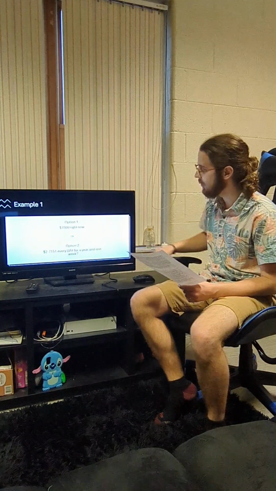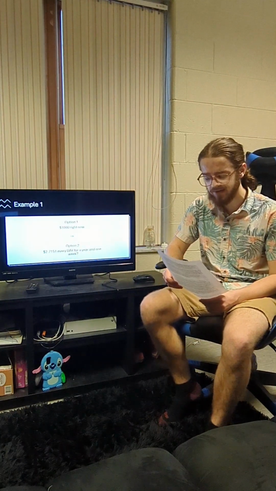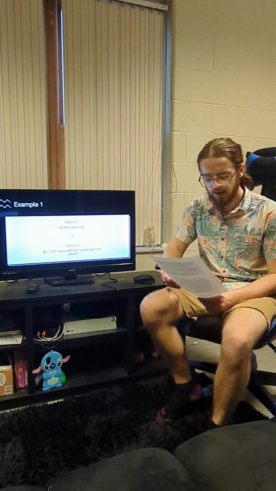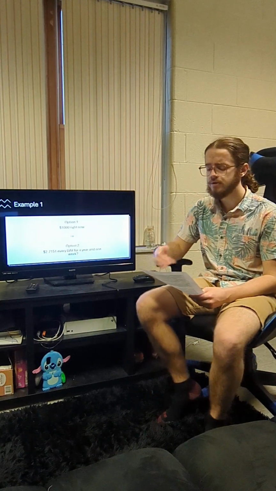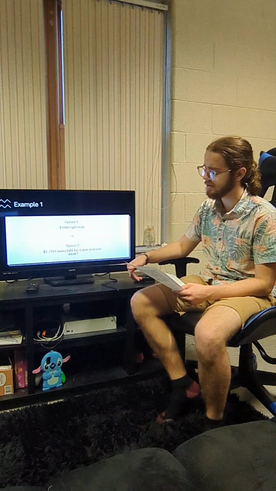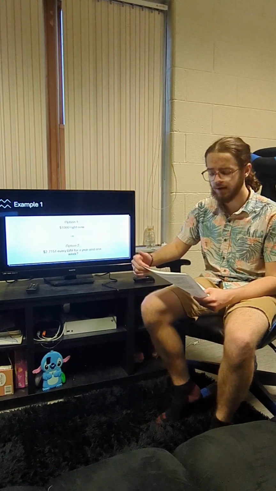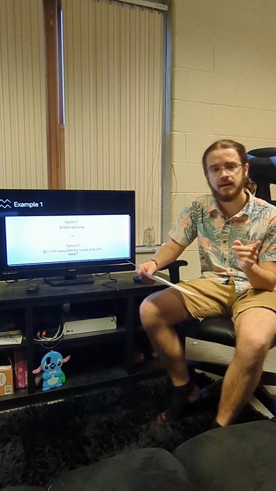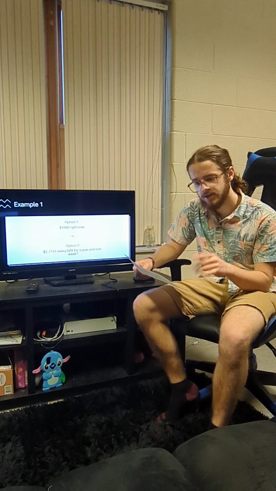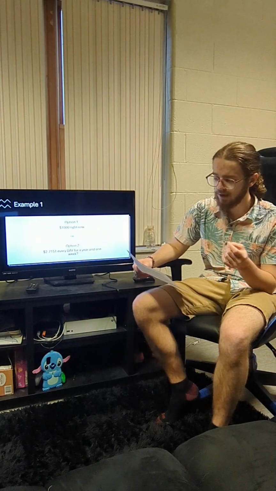And finally, example 1. Now, continuing the trend, this one seems even more complicated than the previous two. But if you wouldn't mind, go ahead and pull out a calculator. Now, for option 2, we have $2.7151 per day for a year and a week. Now, a year is 365 days. A week is 7 days. You add those together, you get 372.